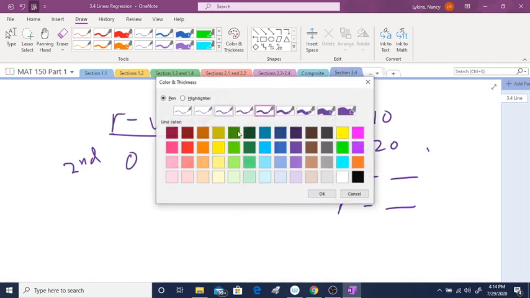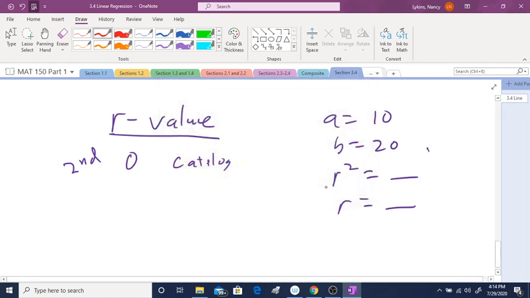Scroll all the way down, and you're going to hit your down arrow on your calculator to this right here: DiagnosticOn. Hit enter, and that will give you your R values.